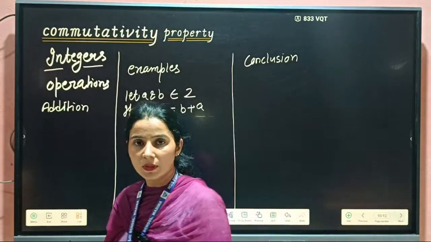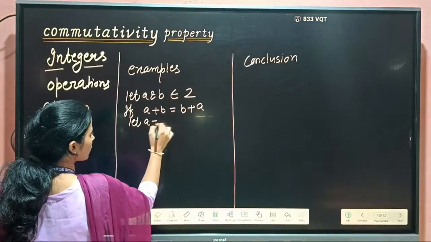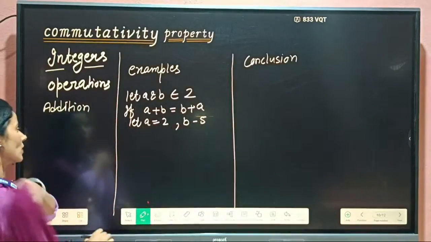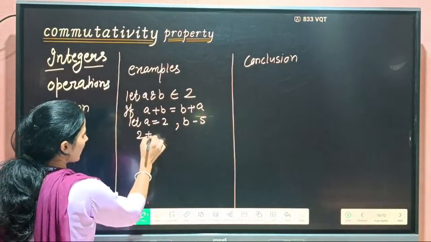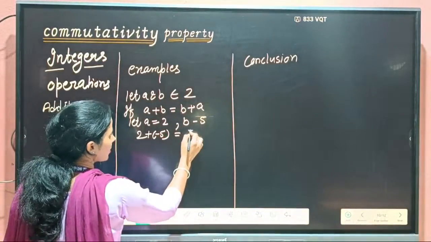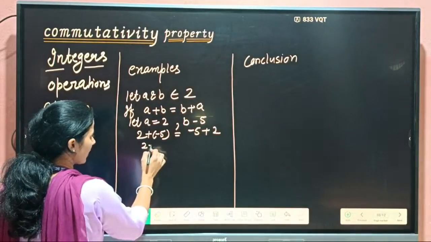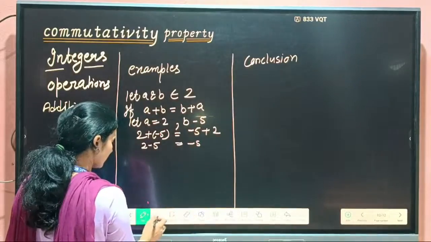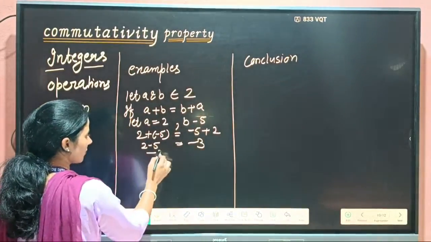Let us consider examples. Let A is 2 and B is minus 5. Then 2 plus minus 5 must be equal to minus 5 plus 2. Simplify, it is 2 minus 5 and minus 5 plus 2. Answer is minus 3 and minus 3.